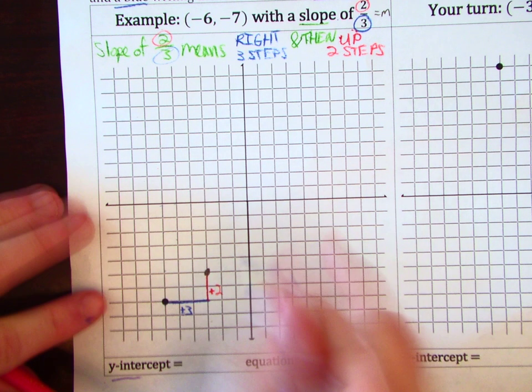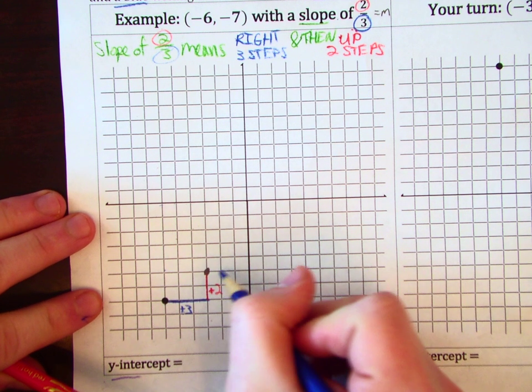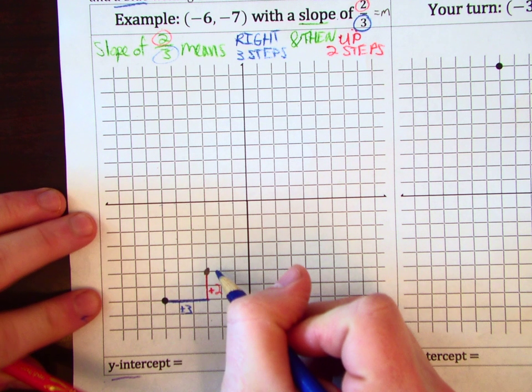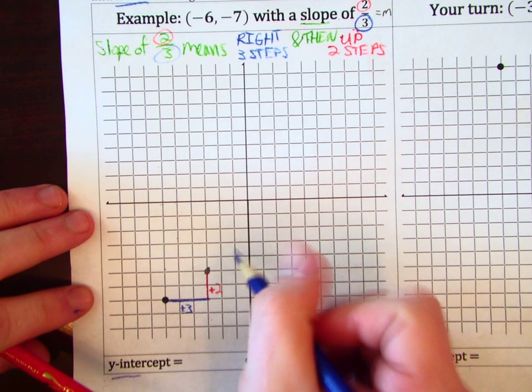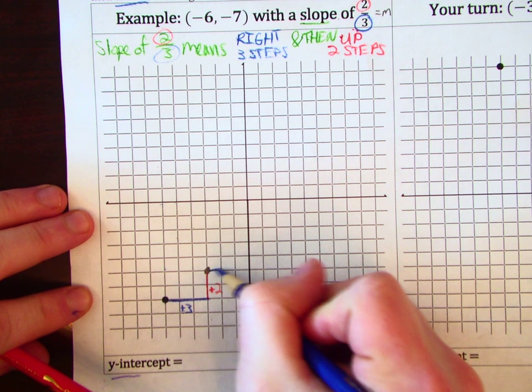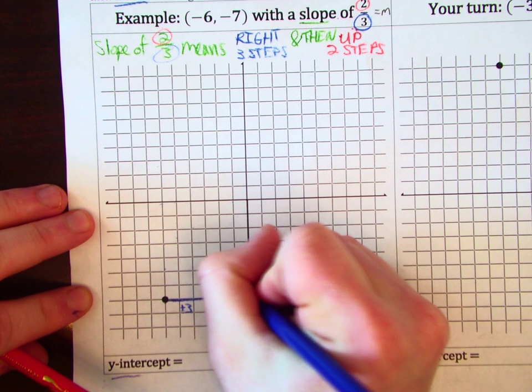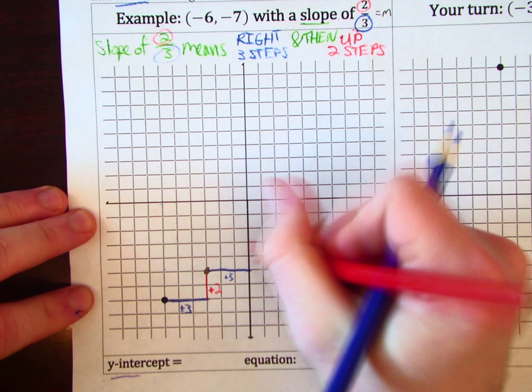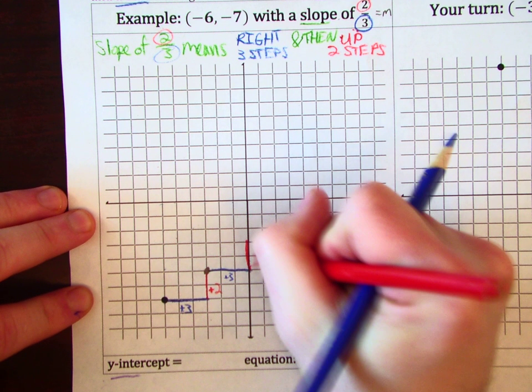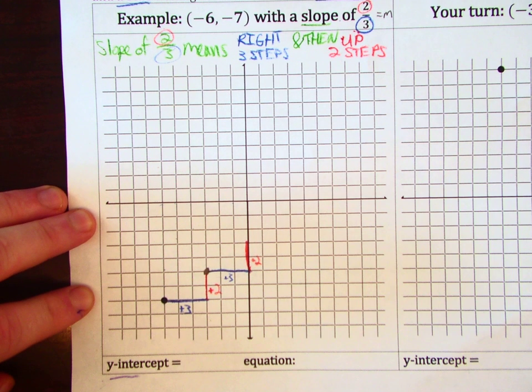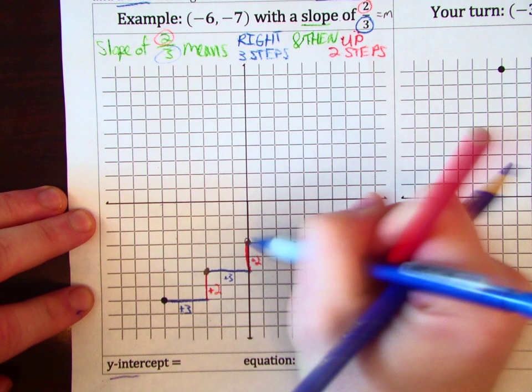You're going to have this repeated pattern each time to plot those points. Like in that first video I said, you're going to have 3 steps to the right, +3, and 2 steps up, +2. Plot your point.